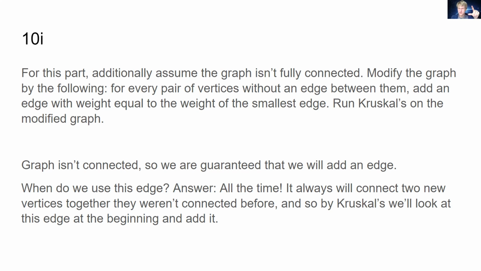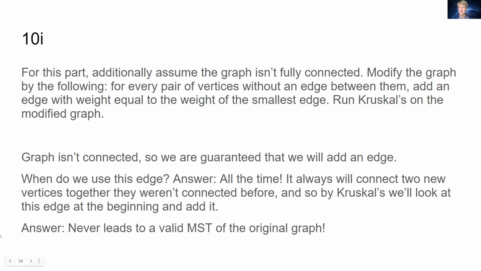So if those two vertices are connected together, that means that some other new edge that we added to the graph had to connect them together. So in other words, the new copy edges are always going to connect something new together, and we're always going to use at least one of them. So we'll never get a valid MST because those edges don't exist in the original graph. So this never leads to a valid MST.